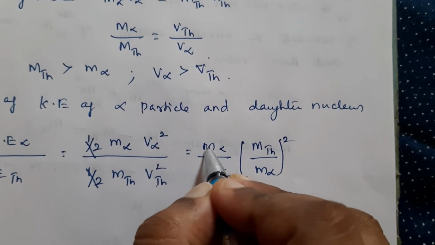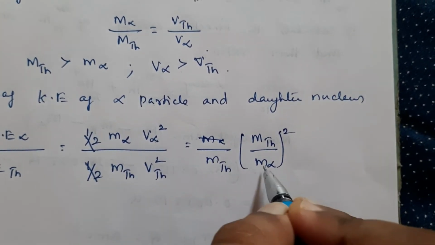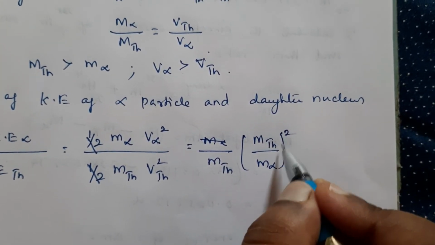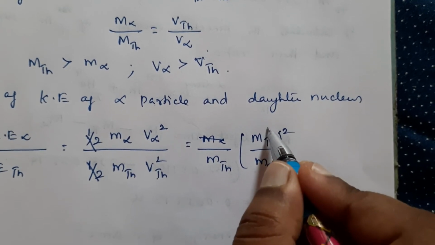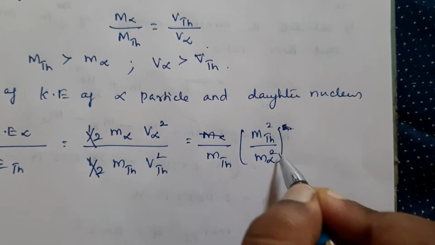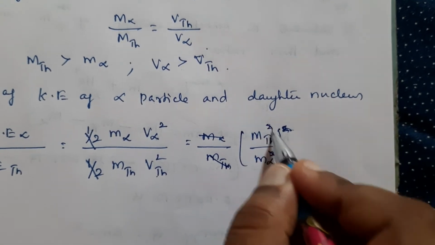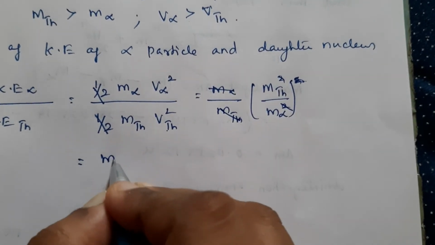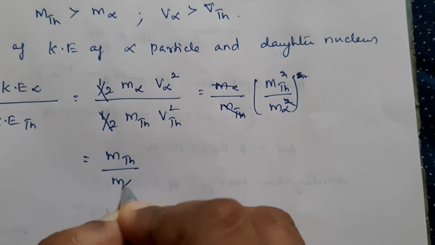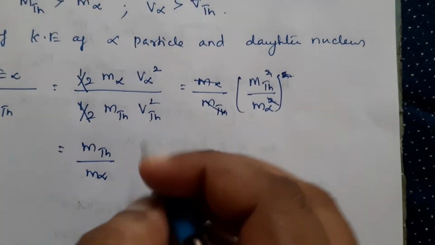Here one factor cancels, so you will be getting mass of thorium by mass of alpha particle.